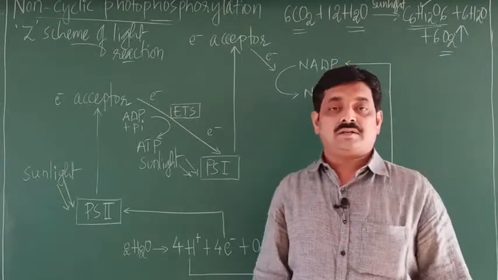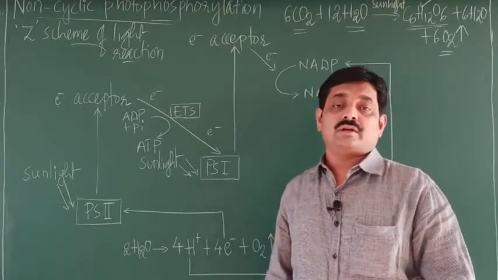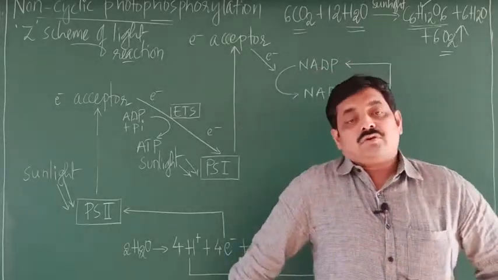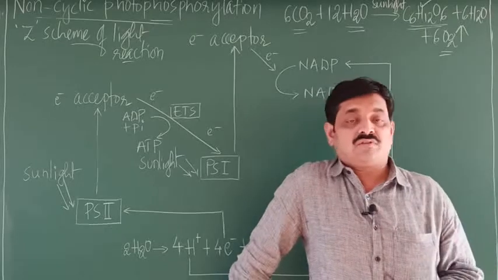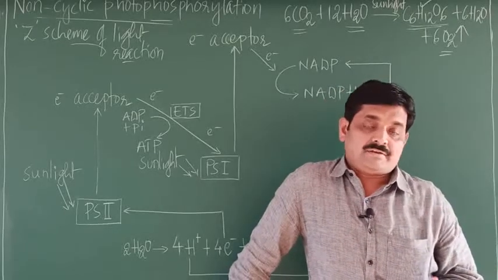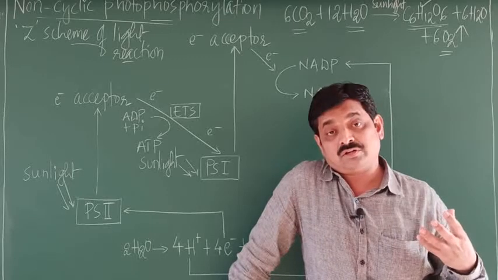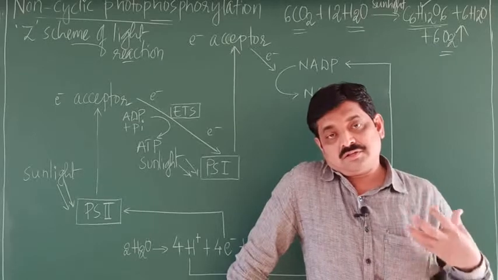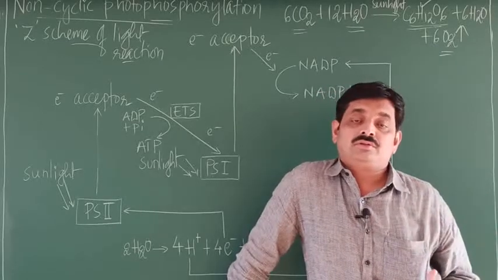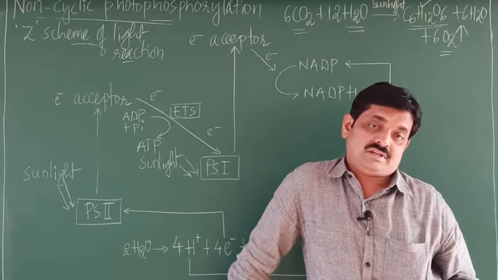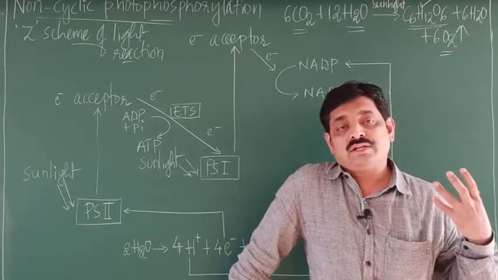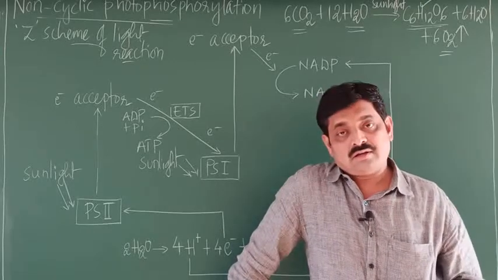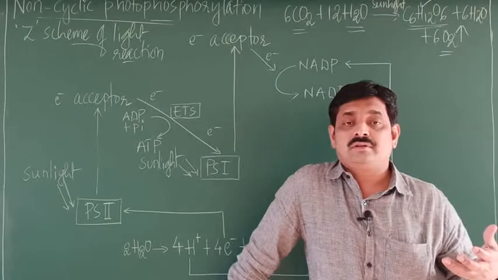Now, what are the important events that occur during non-cyclic photophosphorylation? The first important event is the photolysis of water. Then there is electron transport through electron carriers. Electrons are transported through a chain of electron carriers. That is the second event in this process.